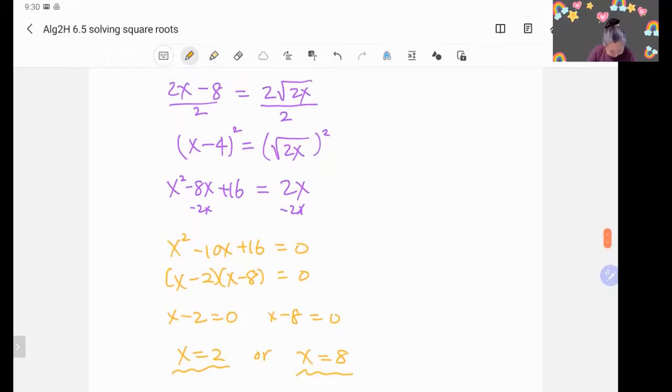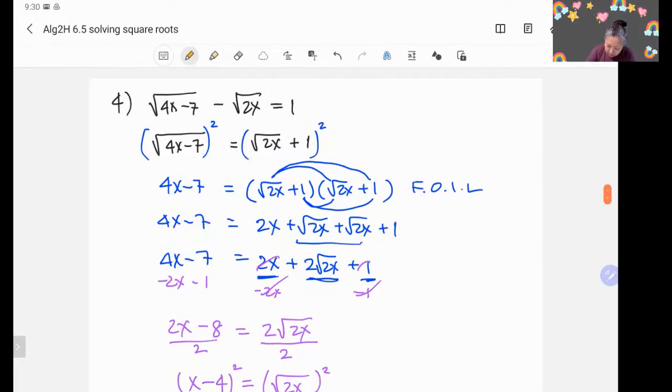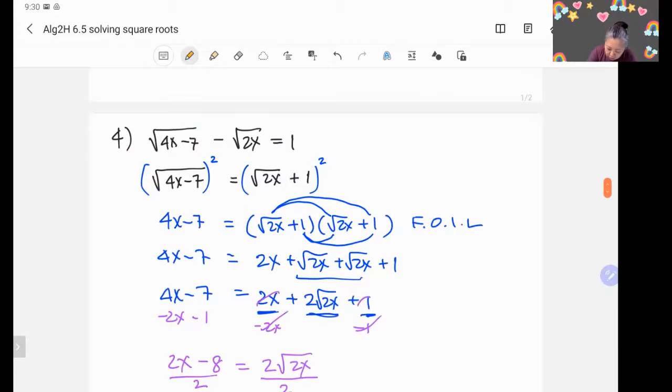Going back to the original equation, now we're checking. So check 2. If x is 2, then square root of 4 times 2 is 8 minus 7, minus square root of 2 plus 2, there is a 4.